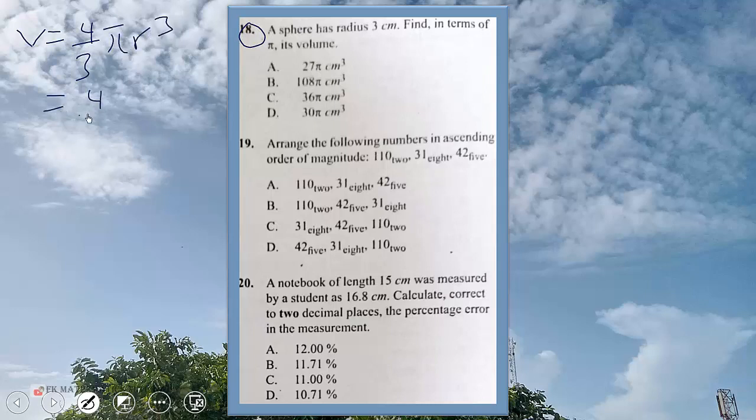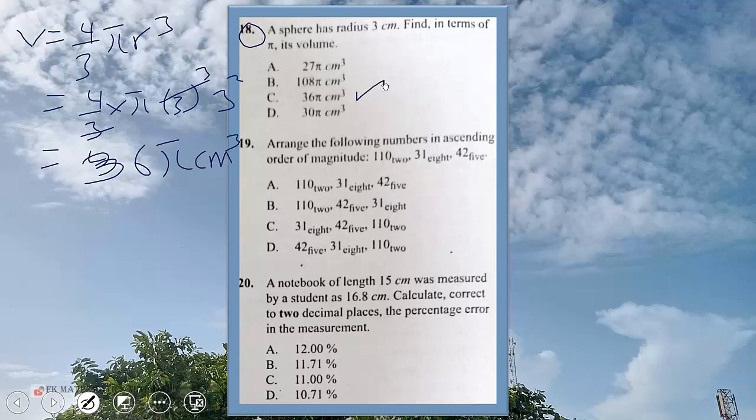So 4/3 times pi times r cubed, which is 3 cubed. So 3 will go into 3 cubed, giving 3 squared. So 3 squared is 9 times 4. 9 times 4 is 36 pi centimeters cubed. So the correct answer is C.